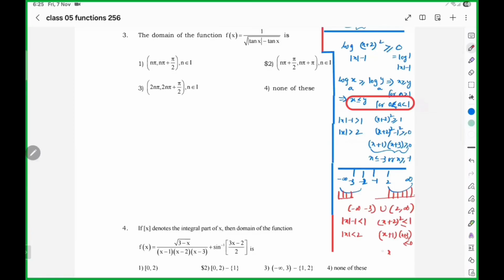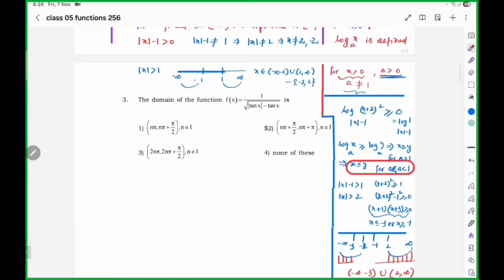So x lies between minus 3 and minus 1, less means lies in this. Here x lies between minus 2 and 2, and it is minus 3 again. So here minus 2 and minus 3 will be somewhere here, minus 1. So the common part is minus 2 to minus 1.